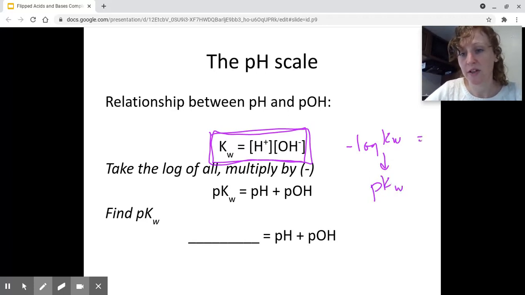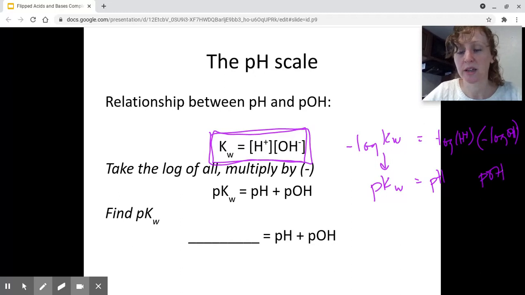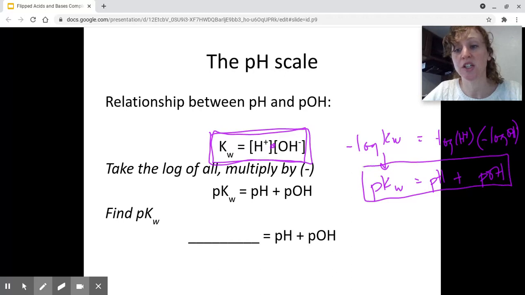The negative log of H plus is going to be pH, and the negative log of OH minus is going to be pOH. And whenever you take the negative log of two things that are multiplied, you're going to end up adding them. So we get this second relationship here, which is pKw equals pH plus pOH.